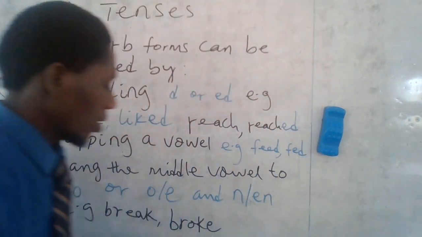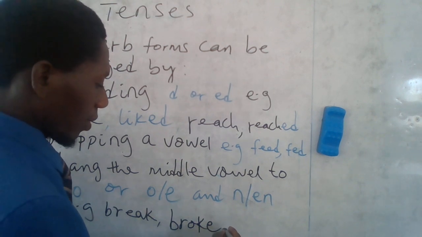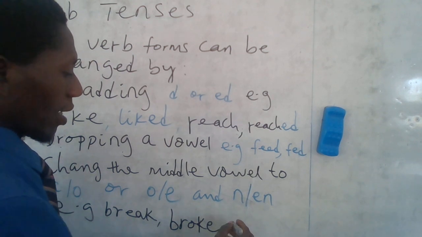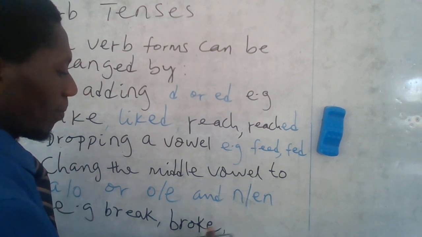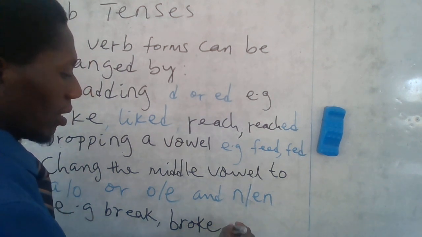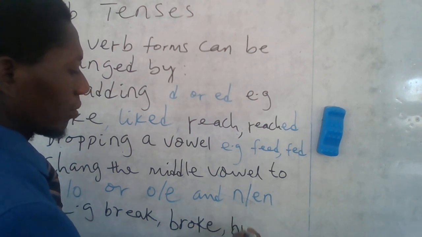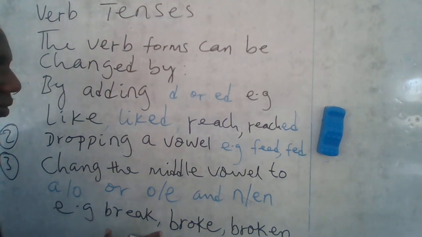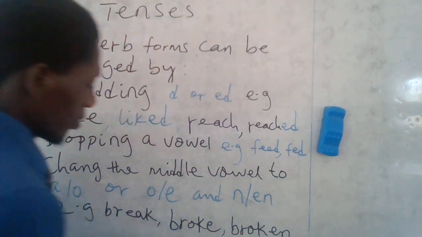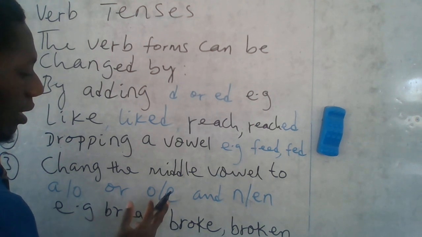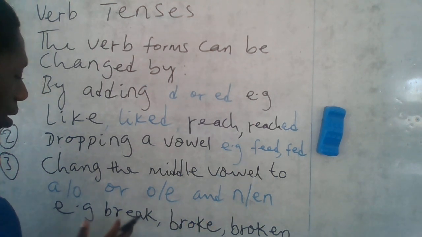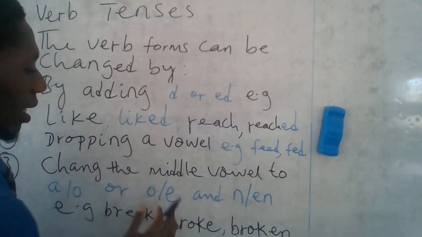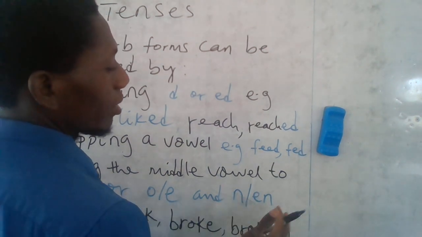So a bottle can break. The past tense for break is broke, and then the perfect tense is broken. So you can change the word form by adding e, or by adding n or en, and so on.